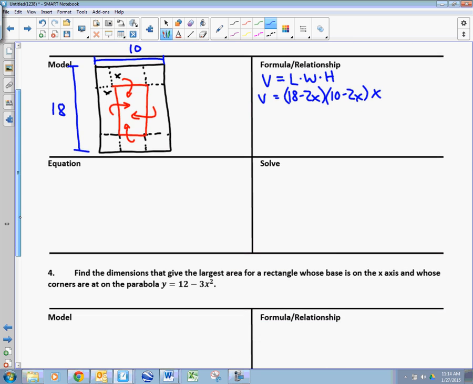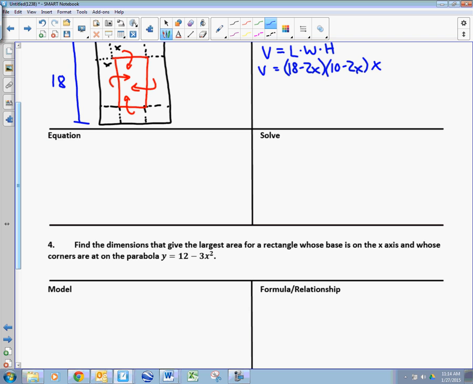Could I take the derivative of that? I could, but it would require the product rule twice. We could just distribute the x, product rule once, or we just multiply it out. Let's multiply it out.